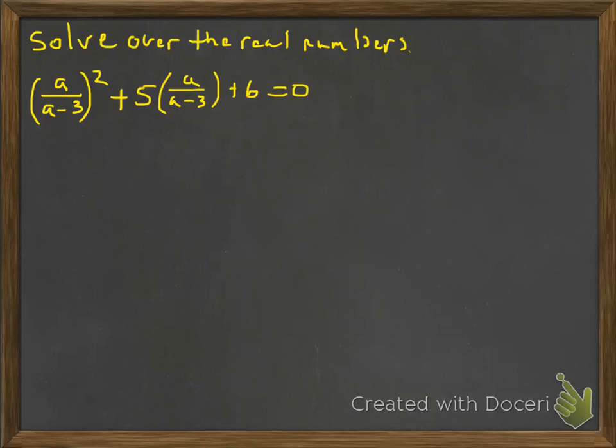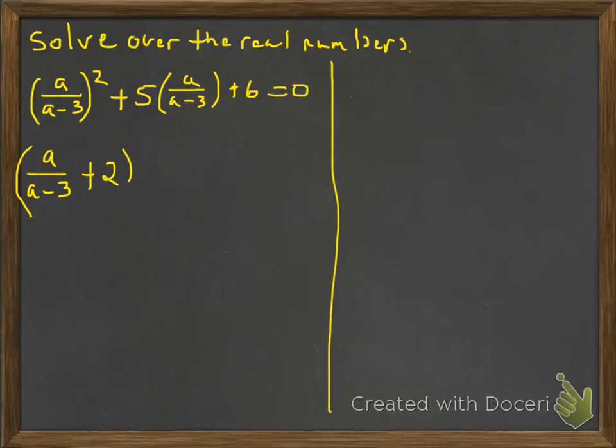So in order to make an (a over a minus 3) quantity squared, we need to multiply a over a minus 3 times a over a minus 3. Our product is 6 and our sum is 5, so our factors will be 2 and 3.